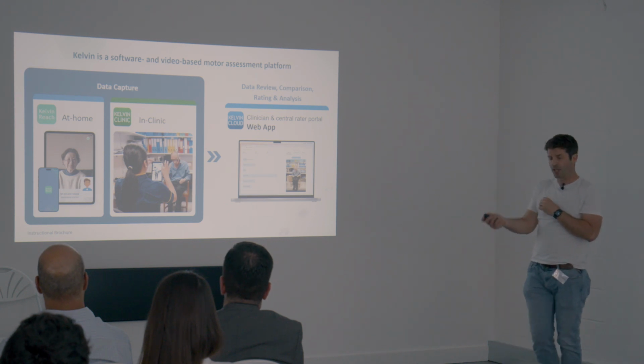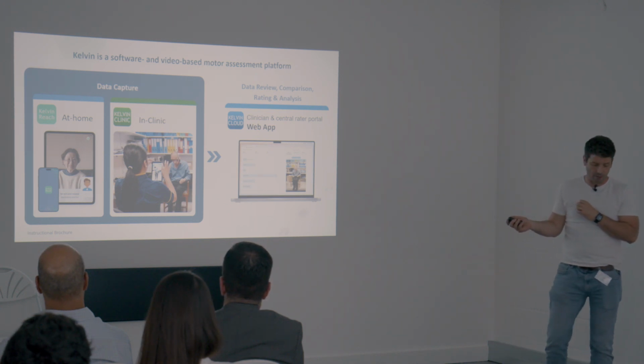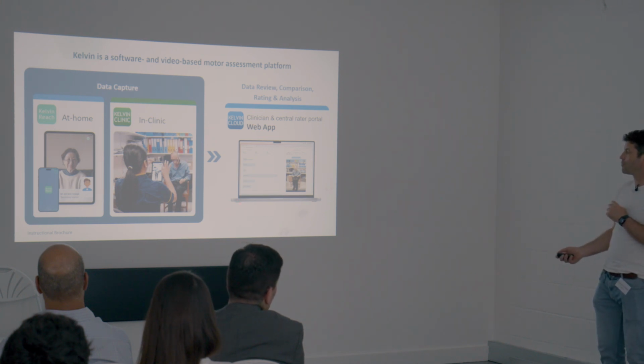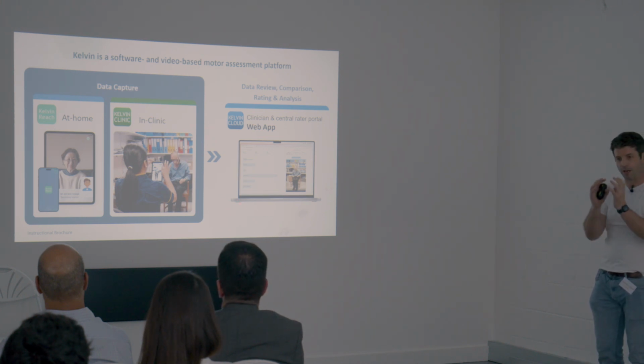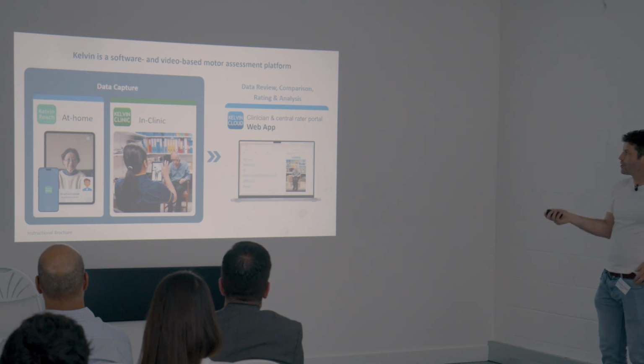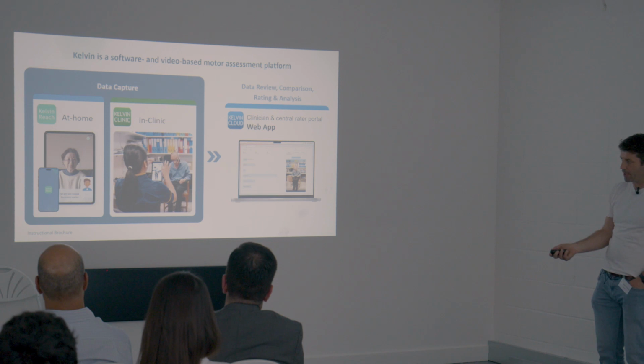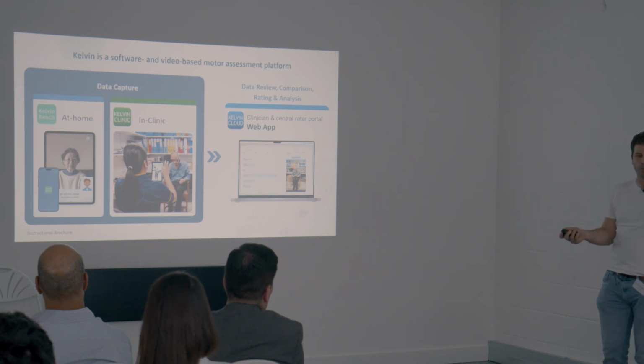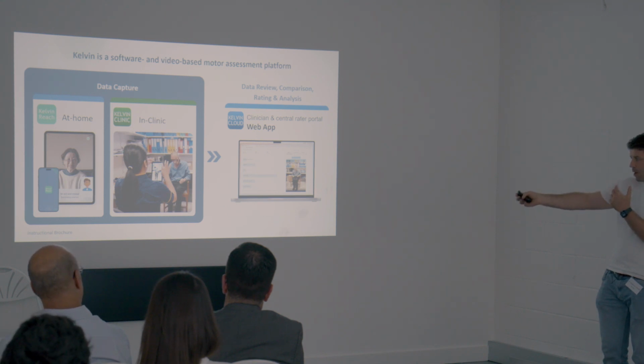As well as the machine learning that I'm going to talk about, I want to, first of all, start off by telling you about the software that surrounds our machine learning kernel, if I can call it that. So we have a set of mobile applications that are available on iOS and Android, and it's a BYOD model, so they're installed on a user's own device.